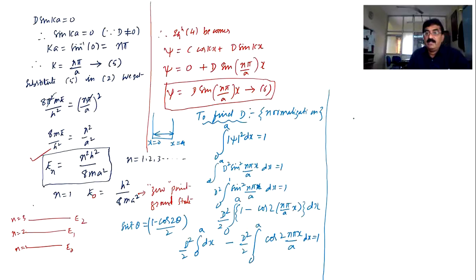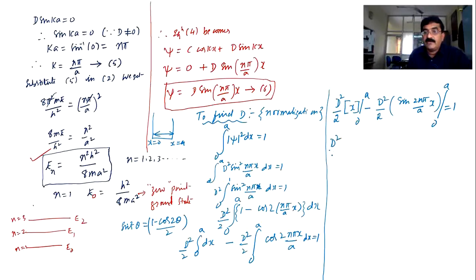Okay, well, this becomes D square by 2 integral of dx is x between the limits 0 to a, minus D square by 2 integration of cos is sine 2n pi by a x, between the limits 0 to a, is equal to 1. Now dear students, please apply the limits.